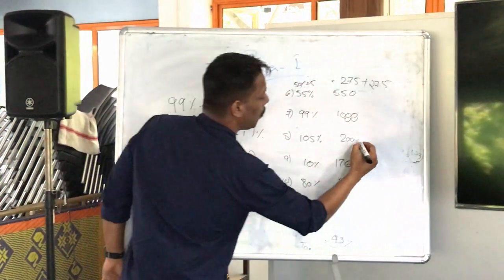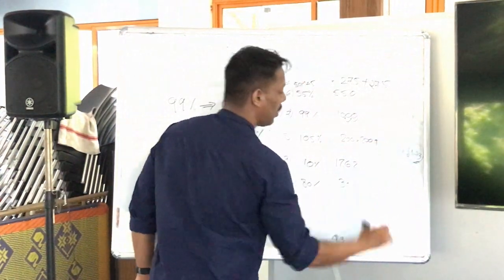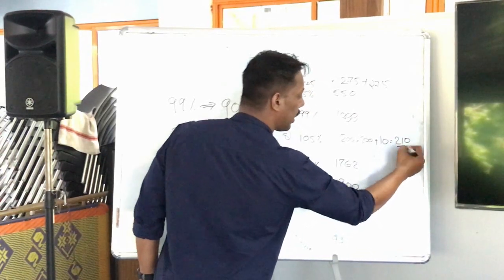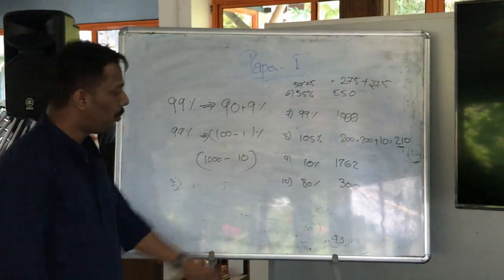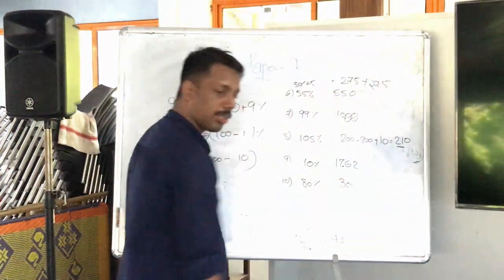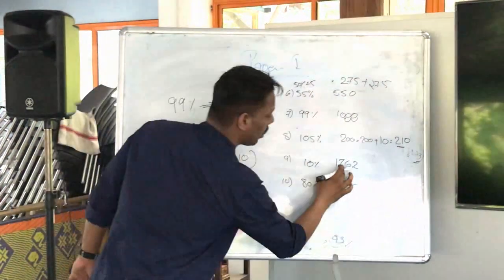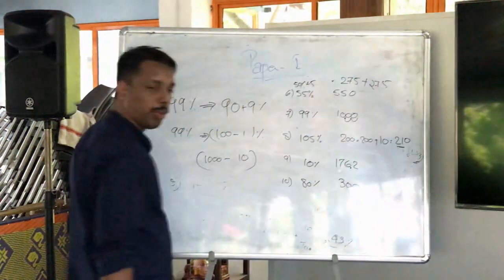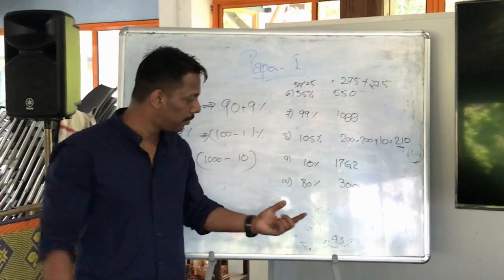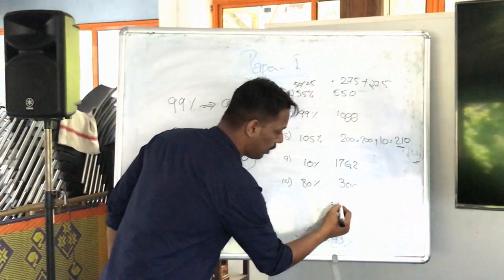So 200 plus 10, 210. What is 10% of 1762? It is 176.2. What is 80% of 300? 240. Correct.